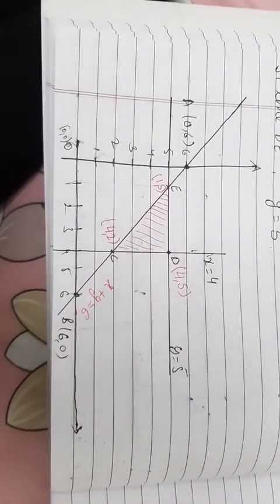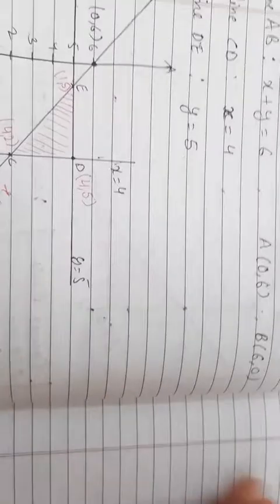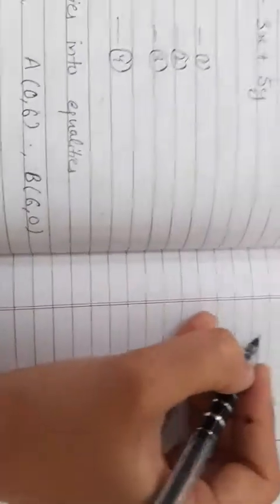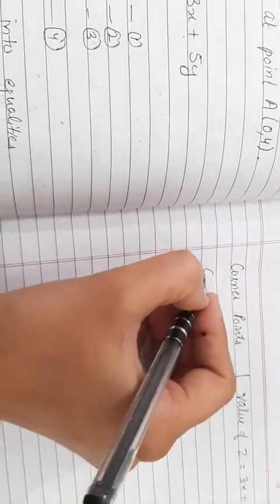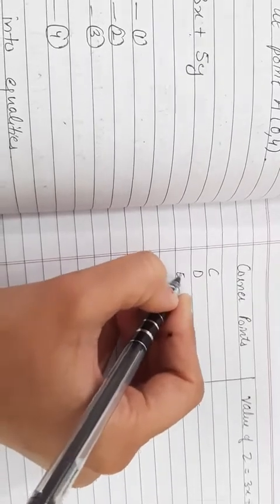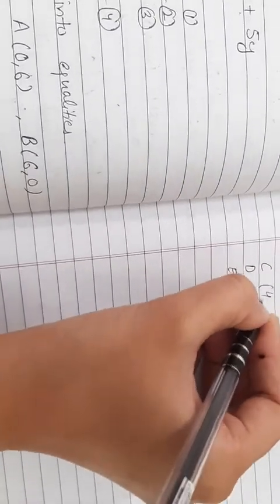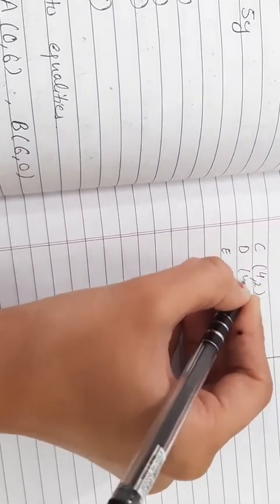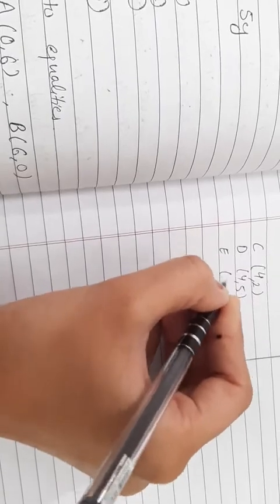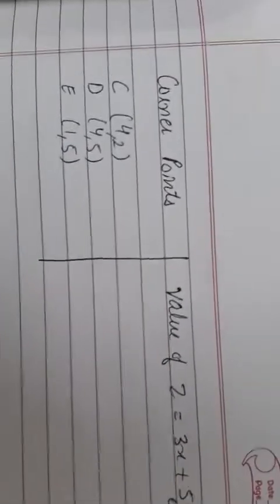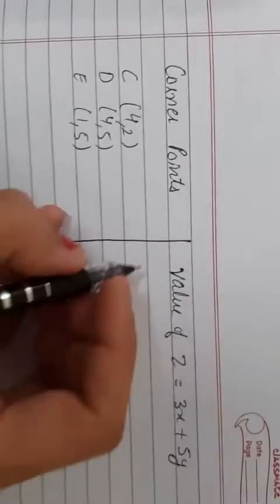And now your endpoints are C, D and E. Your C point is 4, 2. D is 4, 5 and E is 1, 5. Now you have to put these 3 points in your objective function, that is 3x plus 5y.